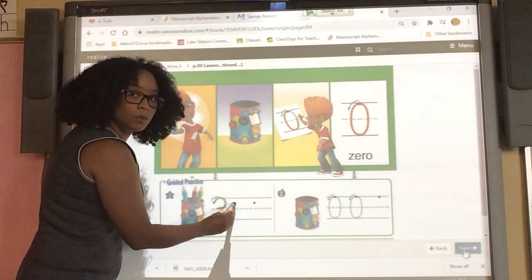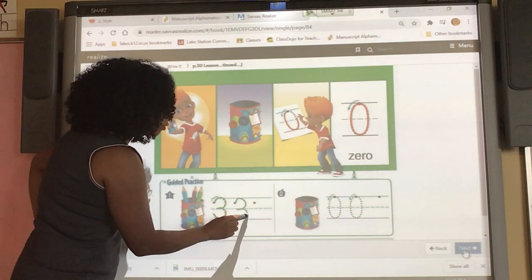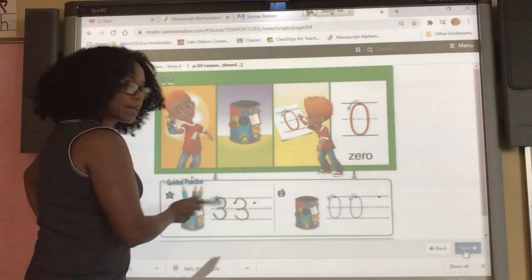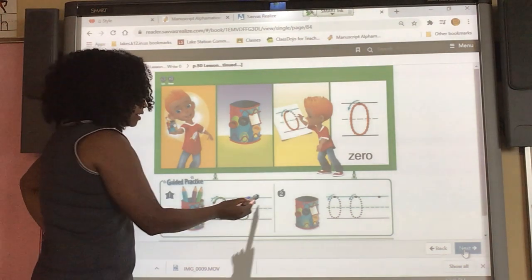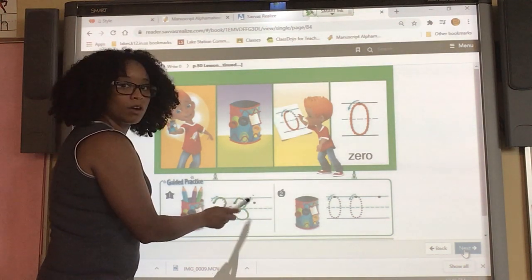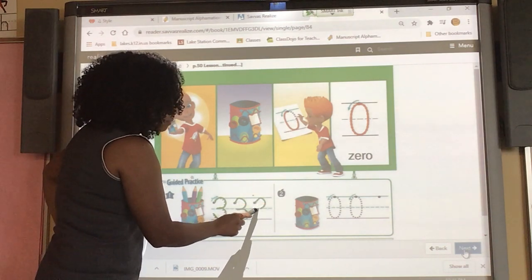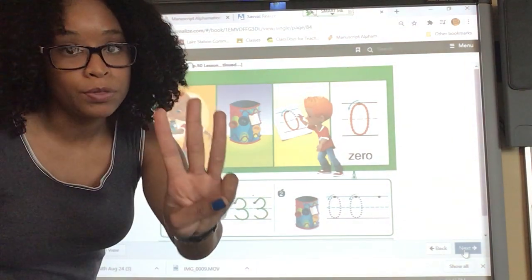We're gonna go a little bit below that, and we're gonna curve around to the middle and then around to the bottom. Good. Looks like we have another number 3 to write. So again, here's the top line. We're gonna go a little bit below that, curve up and around to the middle, and then up and around to the bottom. So we wrote 3 3s.